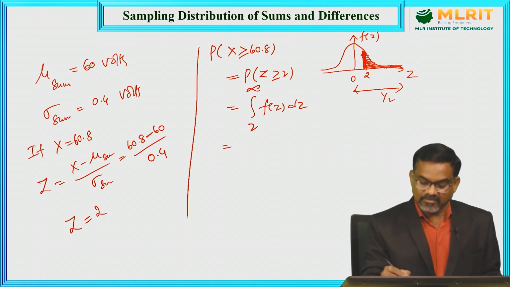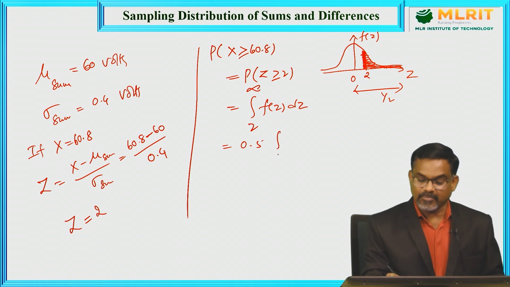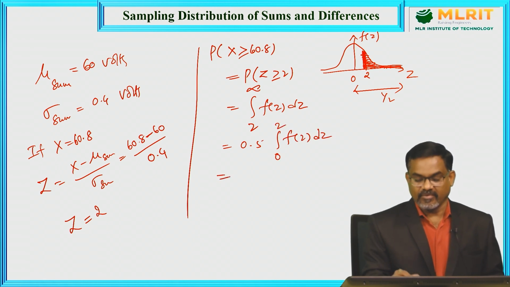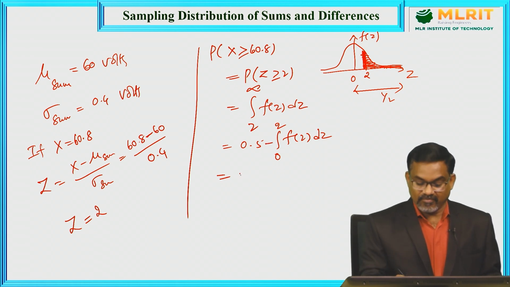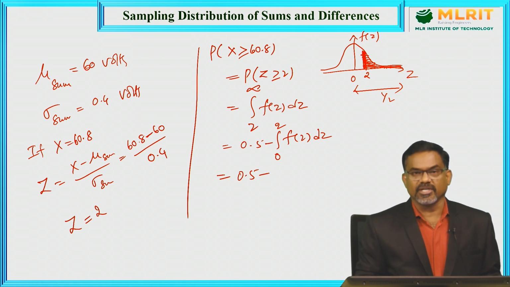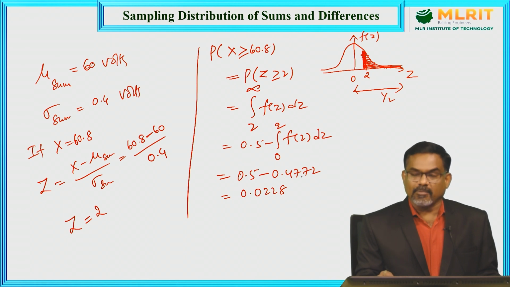So, from 0.5, let us subtract the area from 0 to 2, which gives the required region. So, 0.5 minus integral 0 to 2 f of z dz. So, from the standard normal distribution table, we can find this area from 0 to 2 as 0.4772.